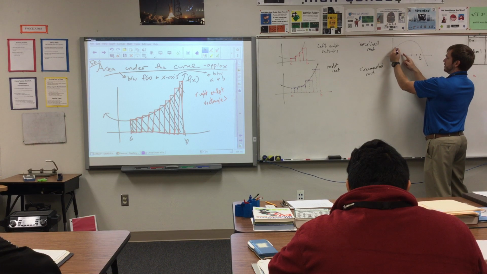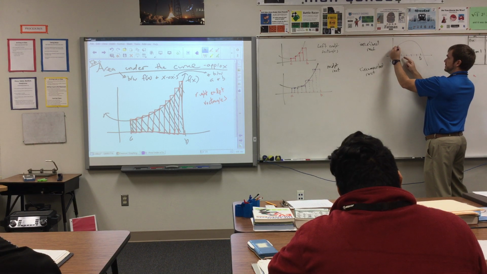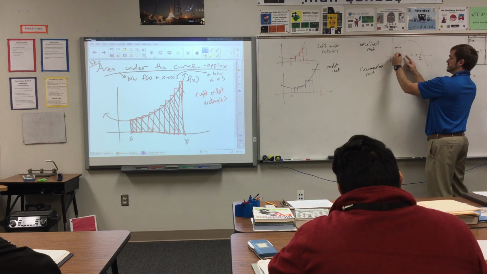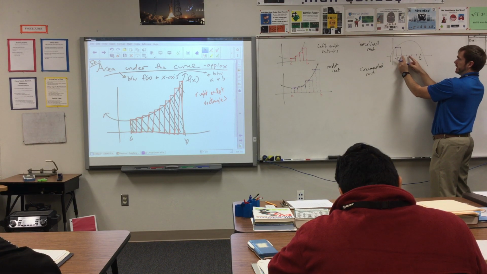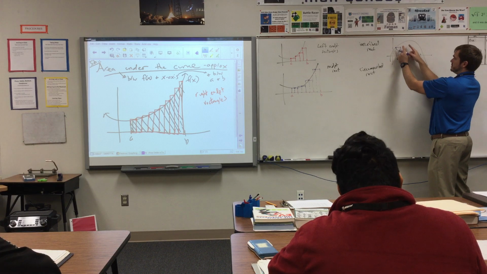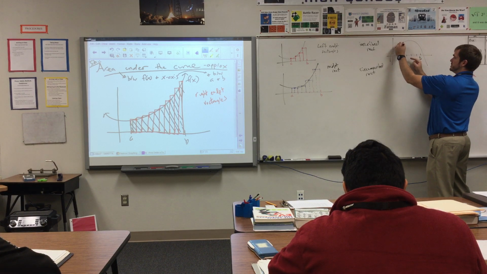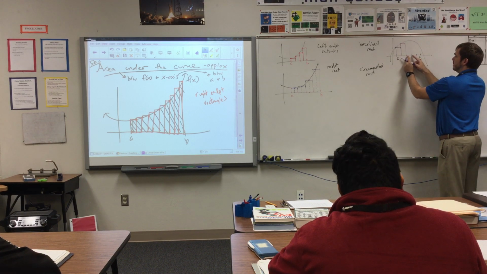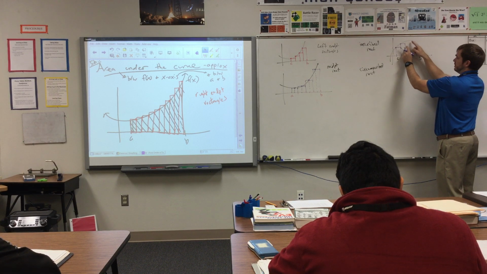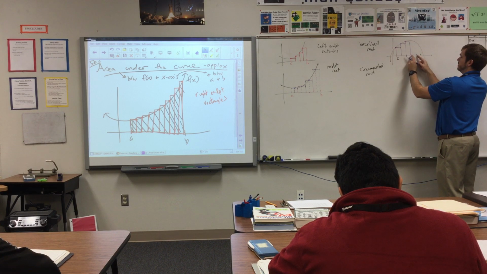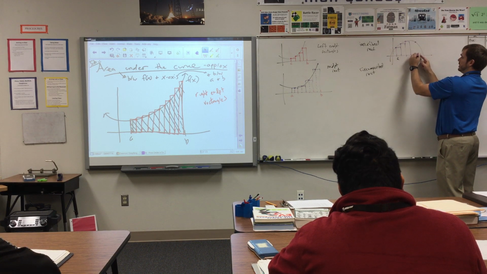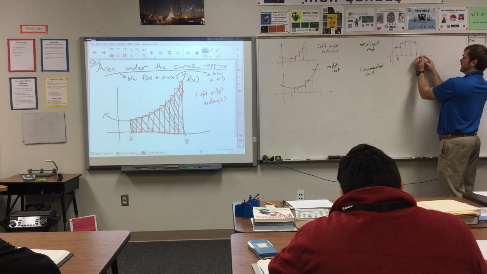And right here, the left-hand side is going to hit the function first. So I make that the point where I go up to. That determines my height. Right here, if these two go up, the left endpoint hits first. But on this rectangle here, I guess it's still the left side right there. But right here, the right endpoint is going to hit first. And over here, the right endpoint is going to hit first.